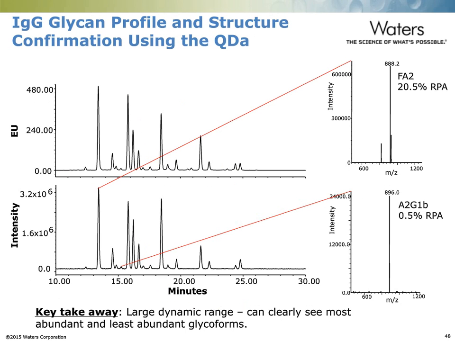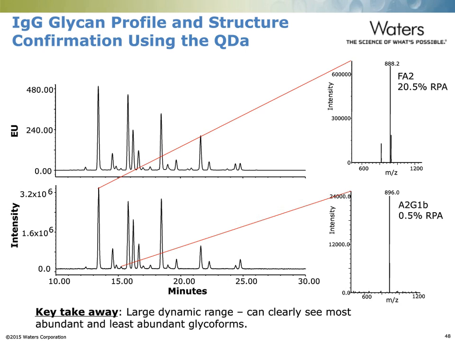A common question that we'll encounter when we start discussing this work is, what's the sensitivity level to which you can achieve with the QDa for doing glycan analysis? So in this case, we have on the top our fluorescence trace, and the bottom the total ion chromatogram from doing the QDa analysis. And on the right-hand side are representative spectra for both the most intense as well as one of the lower intensity structures with separation of IgG-related glycan.